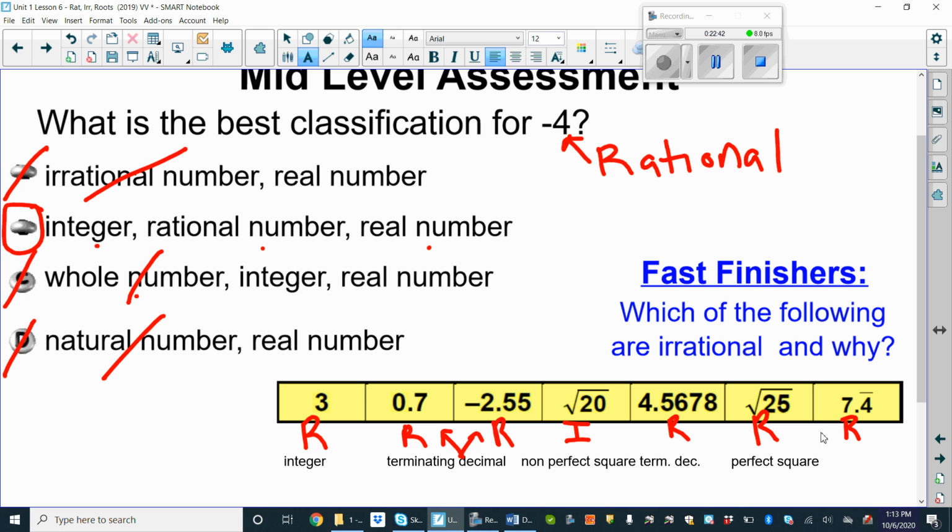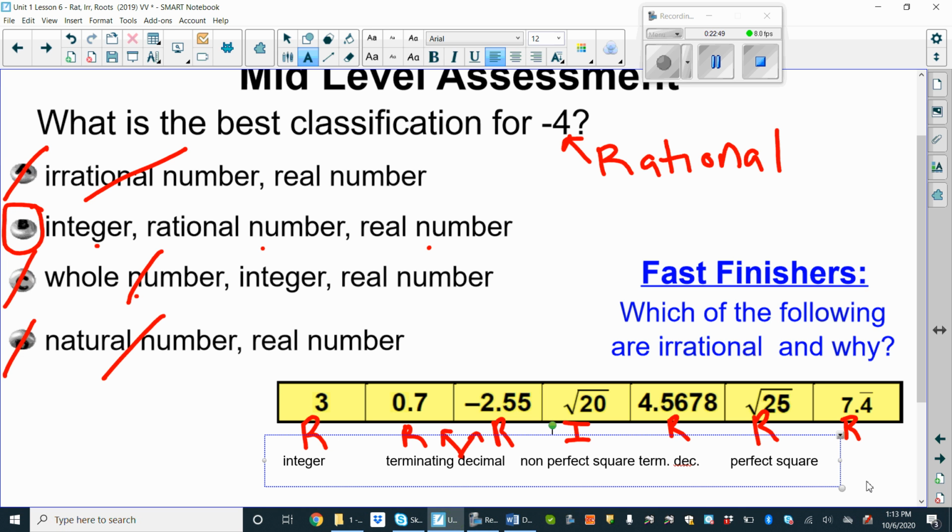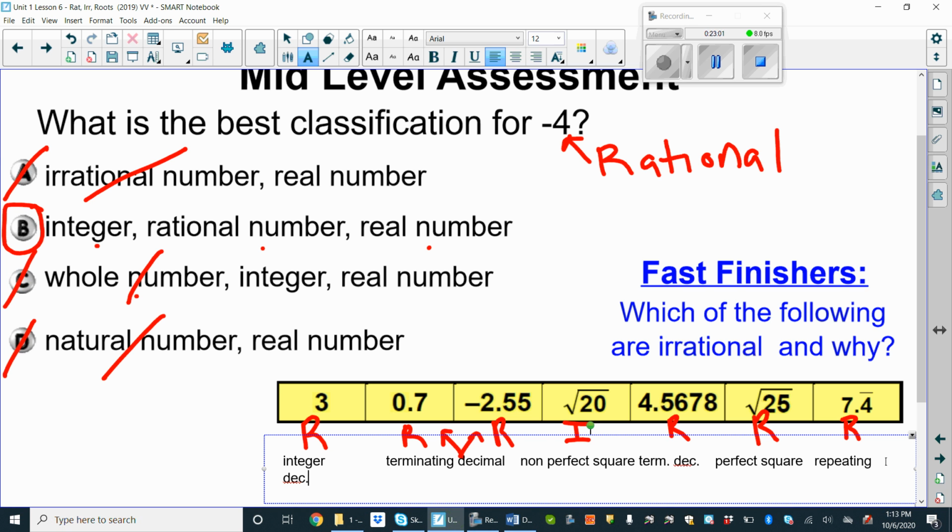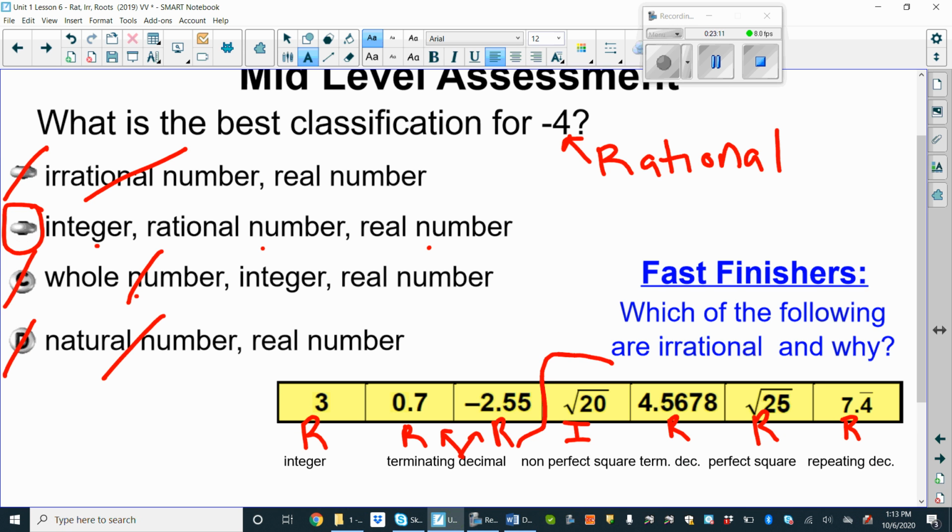That line over it tells us it is a repeating decimal, which is rational. So the last reason is repeating decimal. Okay, so that is our reasoning for each of them. The only one that was irrational was the square root of 20, because it's a non-perfect square.